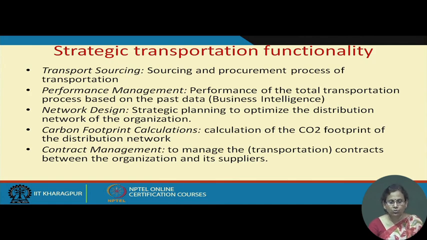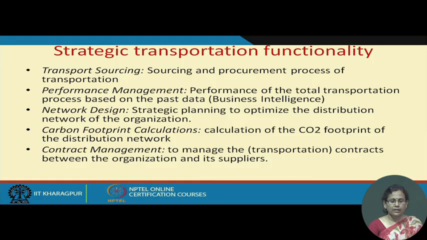So, this is about the sourcing and procurement process of the transportation service. Then next one is your performance management. This is performance management of the total transportation process based on the past data. So, many business intelligence functionalities are added to this particular component.